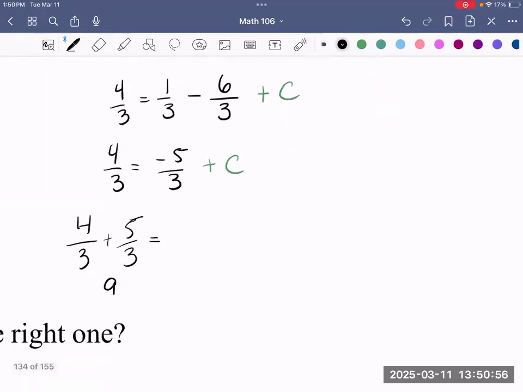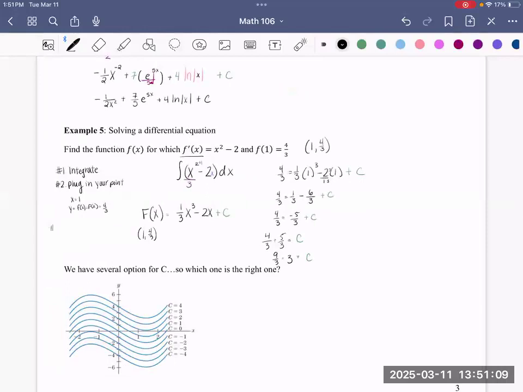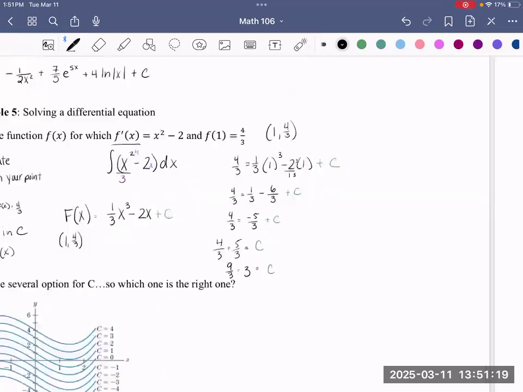So we have 9/3, or 3, is equal to c. So if we were to put it all together, that's your last step. Plug in c into f of x.